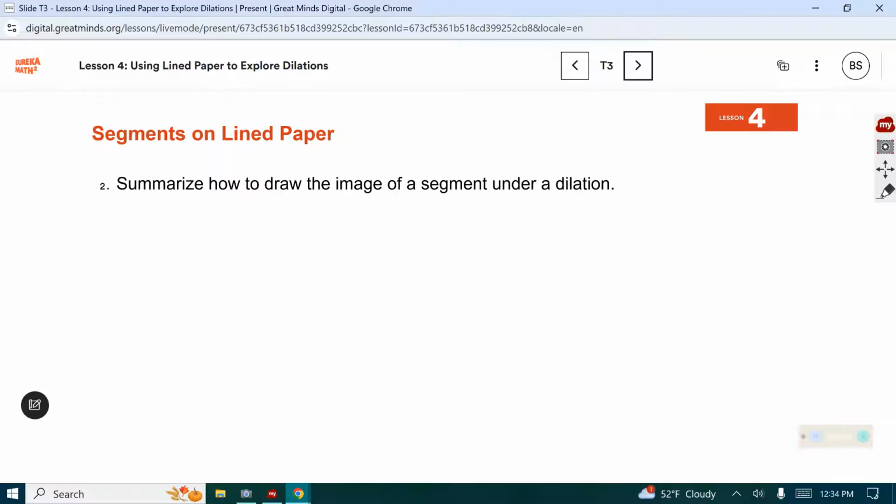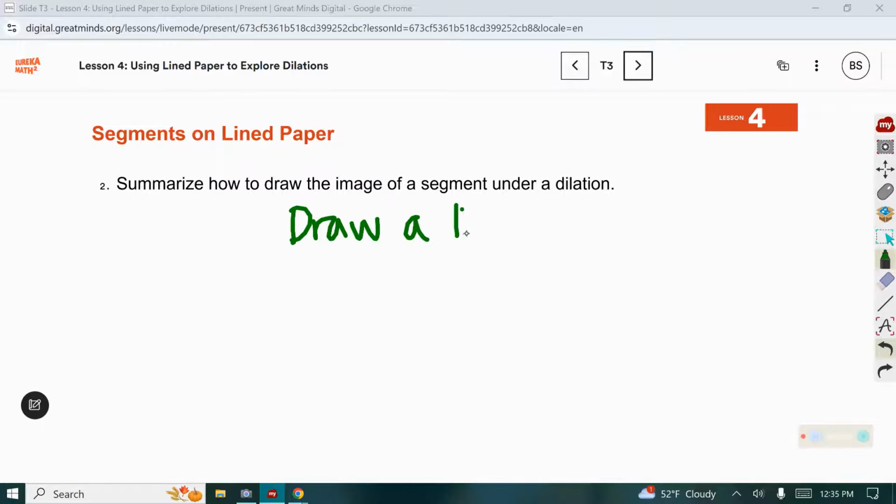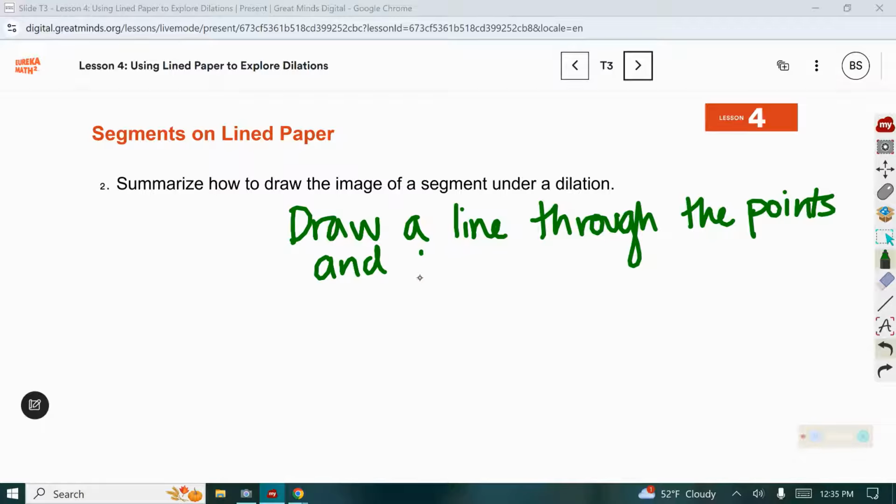Summarize how to draw the image of a segment under a dilation. Well, we would start by drawing a line through the points and the center of dilation.